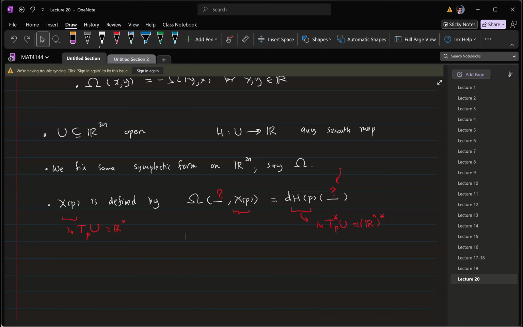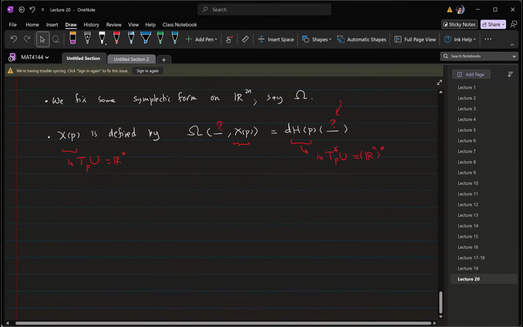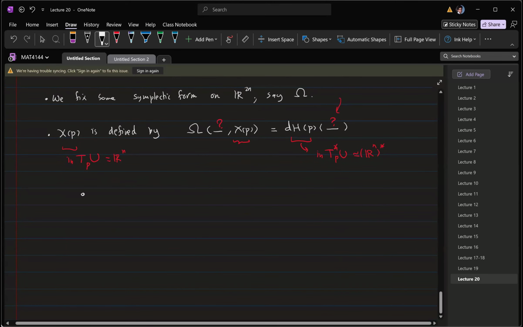All right, so let's continue. As I said, we now define this X_p as the dual to dH_p. Here are some properties that I don't want to prove, but they're interesting. The first thing is that the flow associated to this vector field preserves omega. What does it mean?